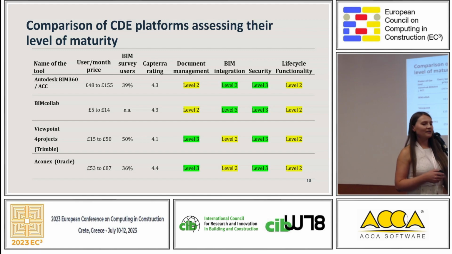So you can see that level 3 is not achieved by any of the tools in all of the 4 areas. It is mostly like that some of the tools are focusing more on the BIM management or BIM collaboration aspect, while the others are more advanced in the document management area.